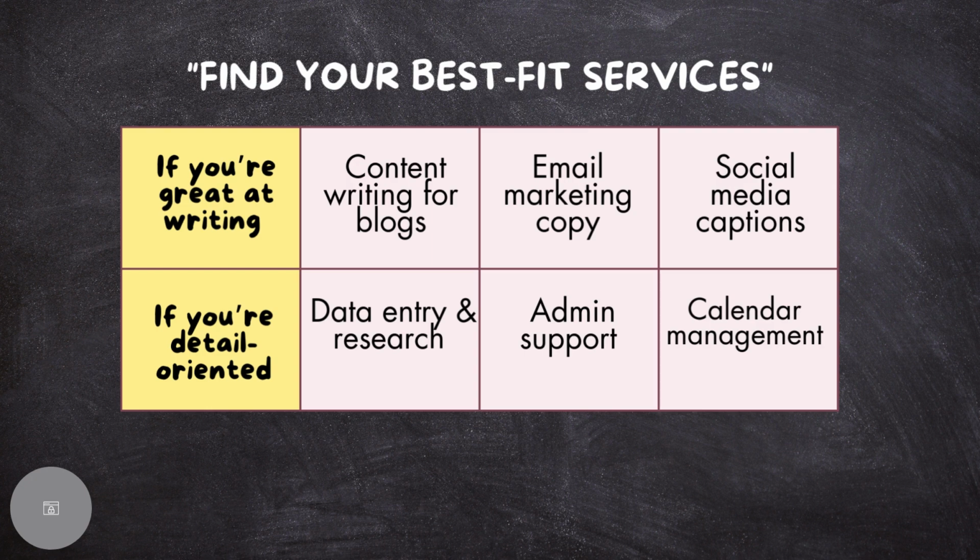Okay? Here are some of the services you can offer. If you're detail oriented, here are the services you can offer: data entry and research, admin support, and calendar management. Again, these are just some of the services that you can offer.